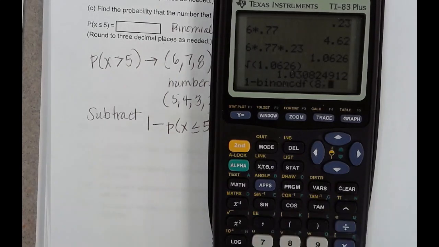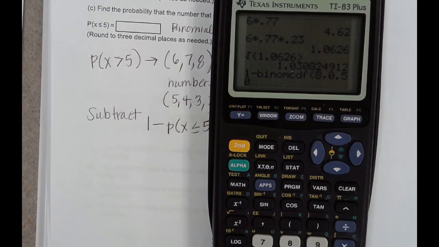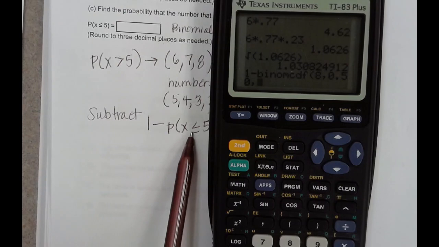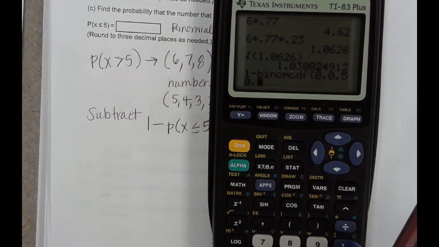The probability that they do prefer was 50%, 0.50 or 0.5, however you want to key that in. And since we're finding the CDF, we're using less than or equal to 5. Close that parenthesis.